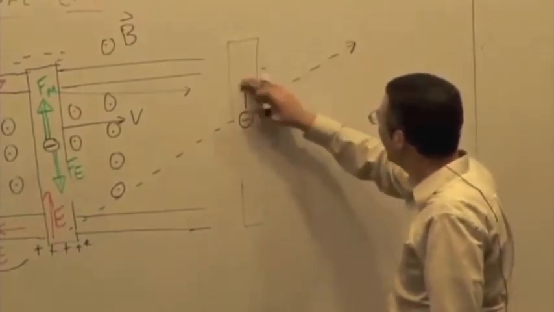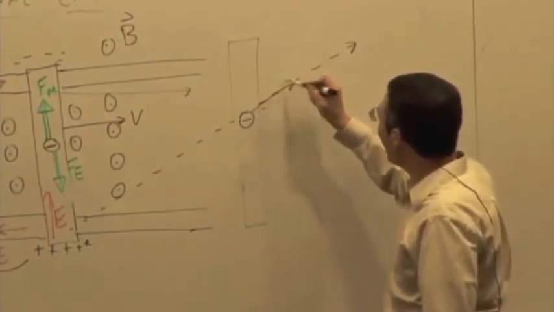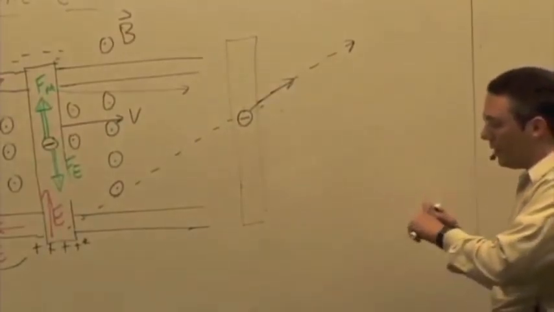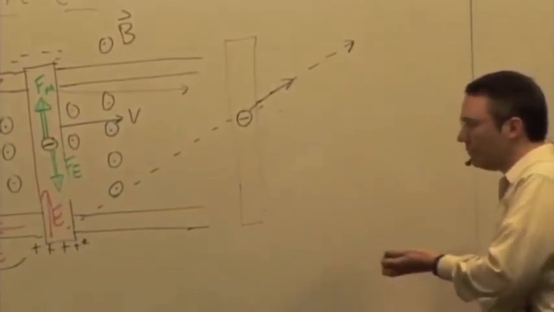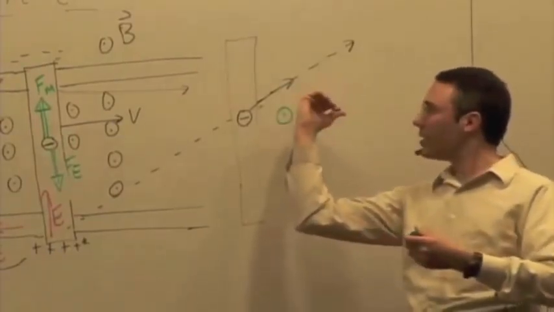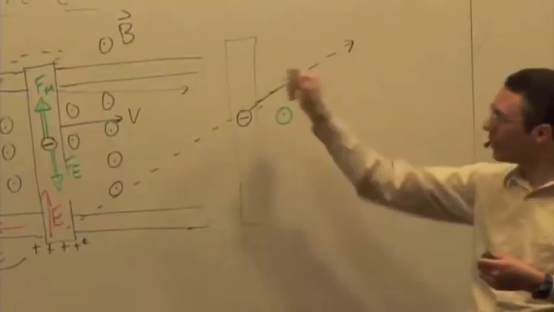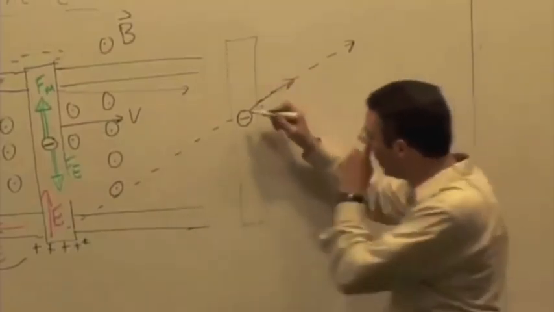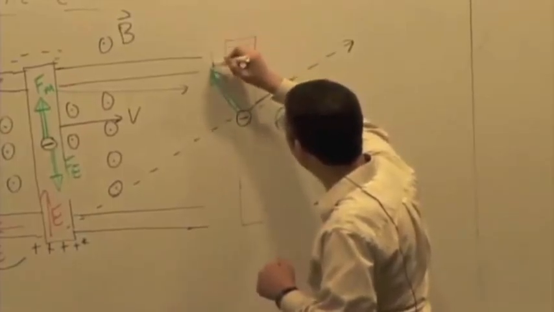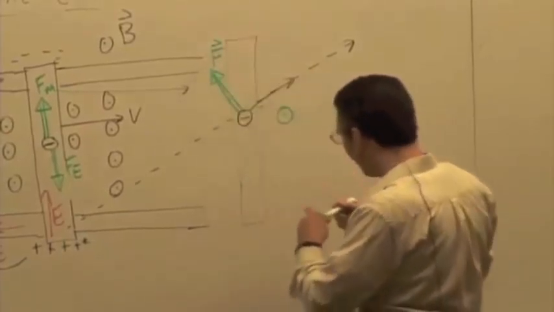Okay? If you think about that, then the force on that electron, V cross B, is that way, but it's really an electron, so the force is going to be that way. You get a force that is, like any other QV cross B force, perpendicular to the velocity.